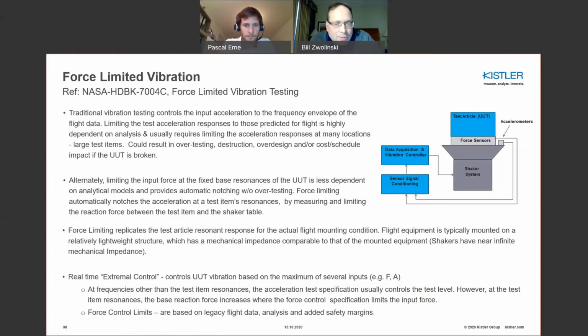The actual mount is somewhat compliant for the payload, so you get some ability of not having these resonances excited by virtue of the launch conditions. So by replicating that, you help yourself not to over test the payload itself.